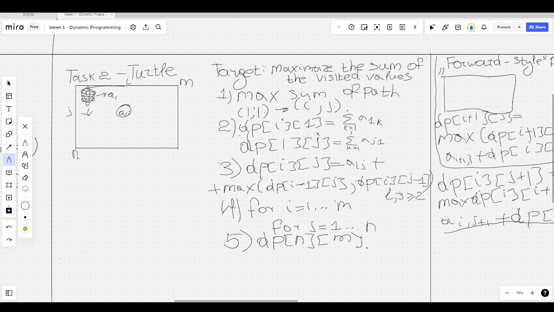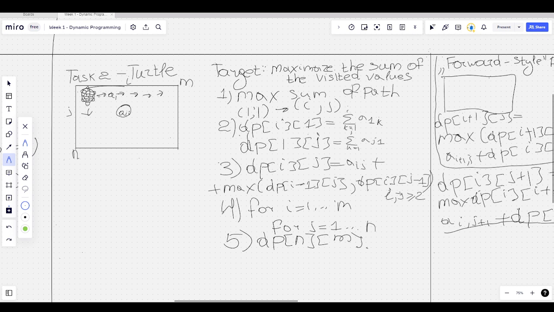So, what is the order? The turtle can be moved like this, and I think it's true. It can be moved like this, and it takes the numbers and sums them up. So the pair can be calculated like this, because we need to know only dp[i-1][j] or dp[i][j-1].